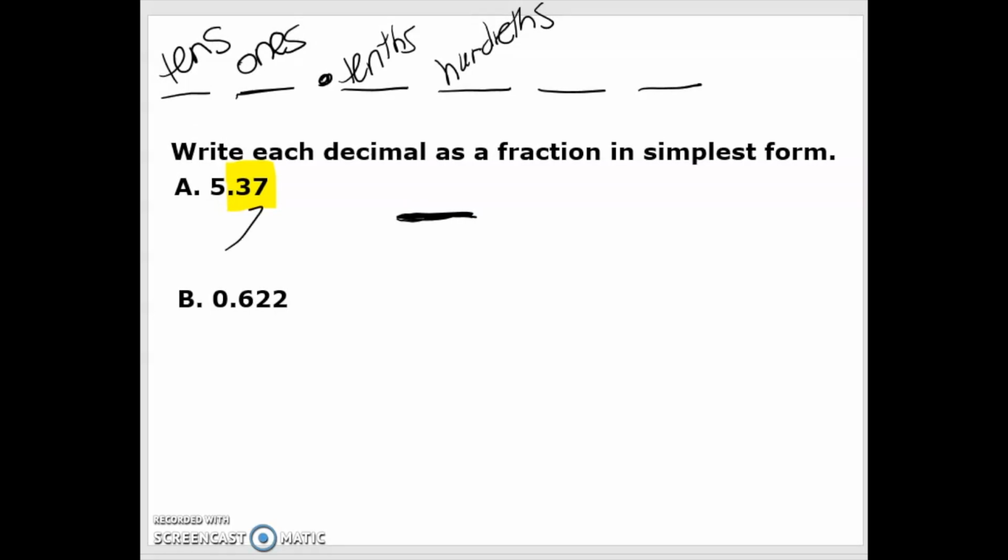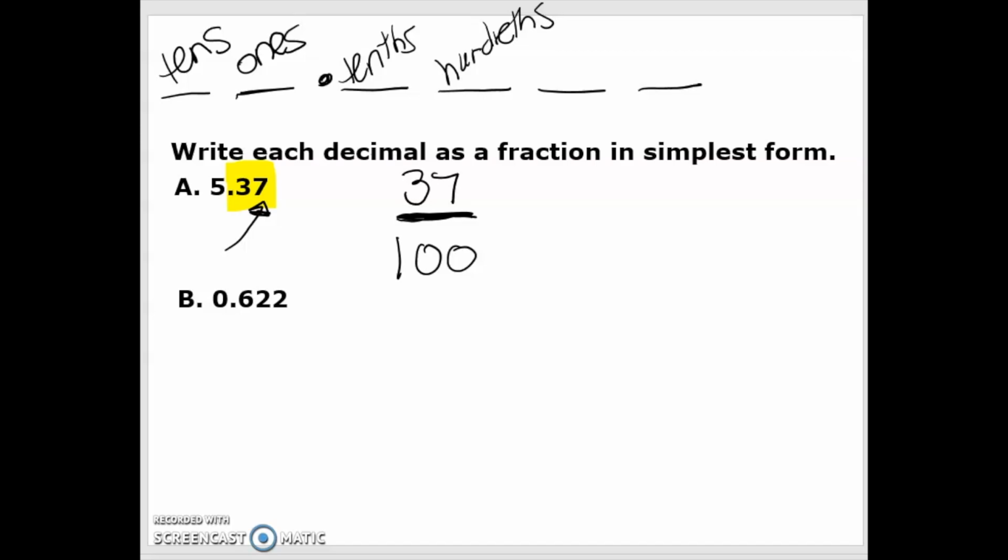So the 7 is in the second place over, which would be the hundredths. That means our denominator will be 100. Then all we have to do is take the numbers that we see, and those go in our numerator.